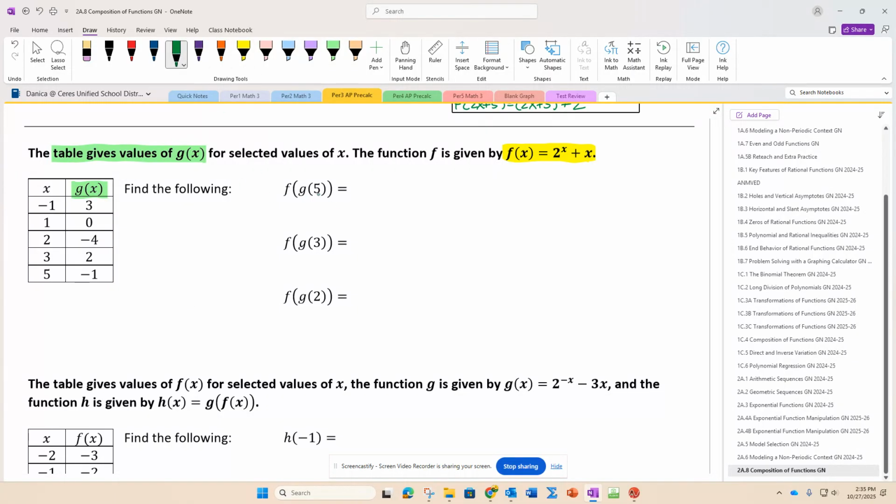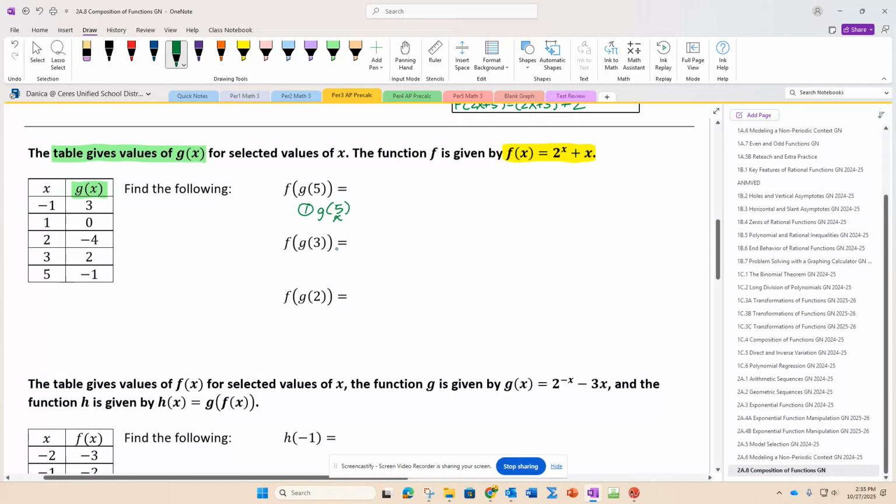f of g of 5. Remember that what we do first is what's inside the parentheses. So the first thing I would do is find what g of 5 is. Because the 5 is inside these parentheses, I have to understand that would be my x value.